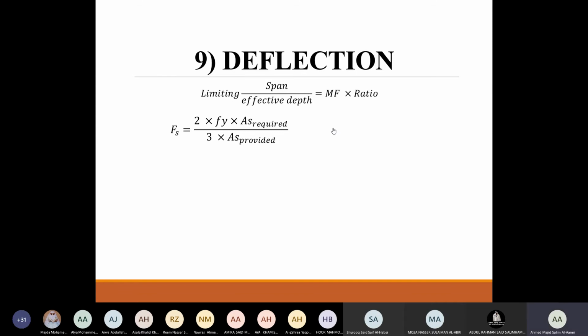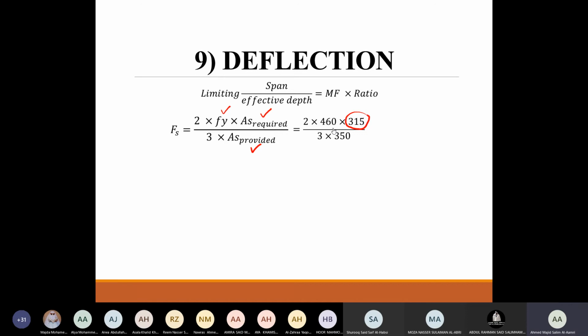So now we have the fy value. We know our fy value, which is 460. We know what's As required, and what's As provided, that's always for X in the highest value. Now what we can do: 2 fy, that's 2 into 460. The required As of X is 315.